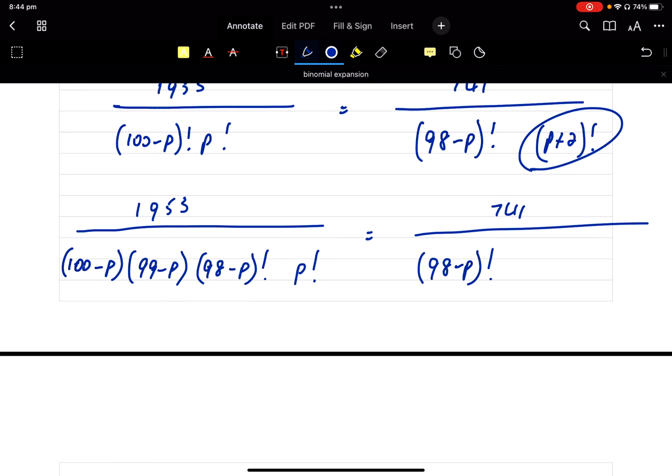But now I'm wanting to expand that p plus 2 factorial. So it's p plus 2. What's 1 less than that? And 1 less than that. Oh my gosh, let's cancel our little hearts out.